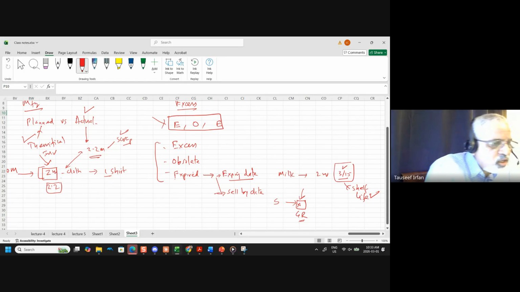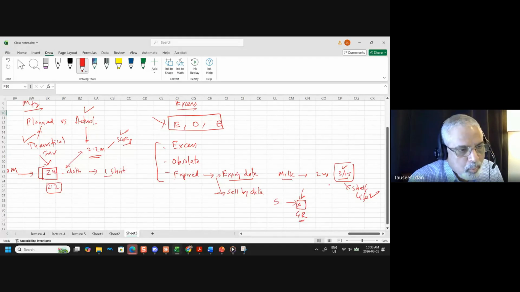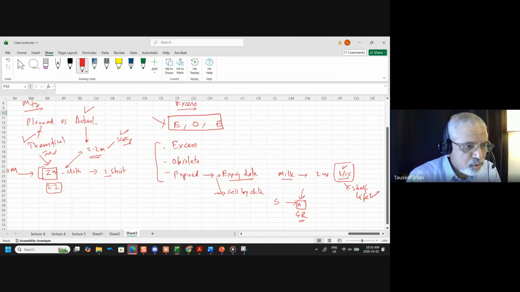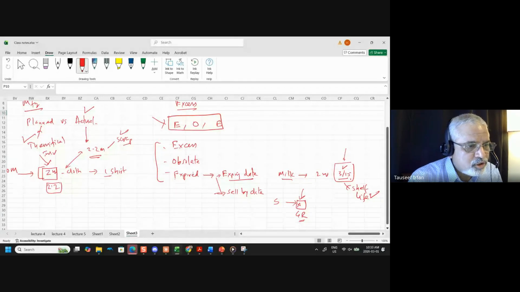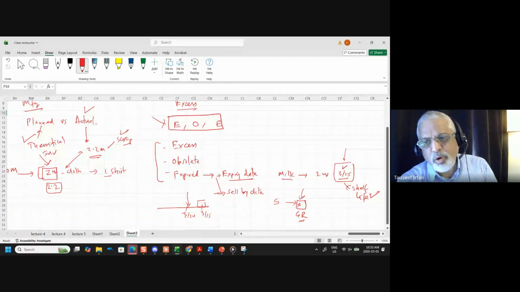If the expiry date of this milk in the grocery store is 3/15, and the customer comes to the store on 3/14, do you think he's going to carry this bag expiring tomorrow?